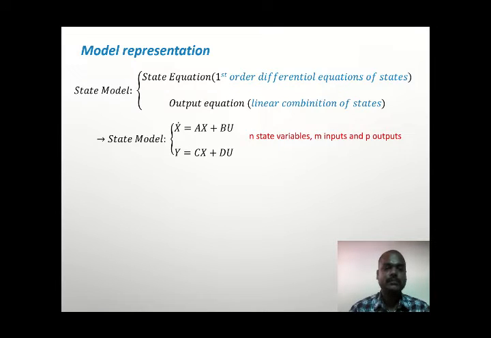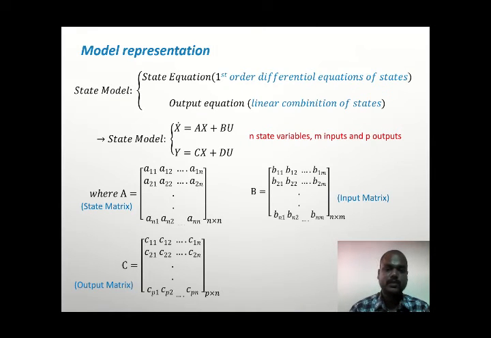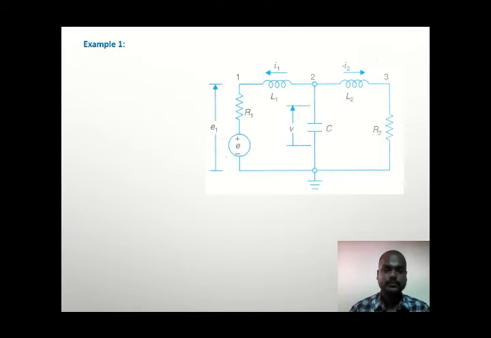At the same time, y, which is the output, is directly related to x through a constant matrix C, called the output gain matrix, and it also depends on the input applied. So these terminologies are represented in this manner.